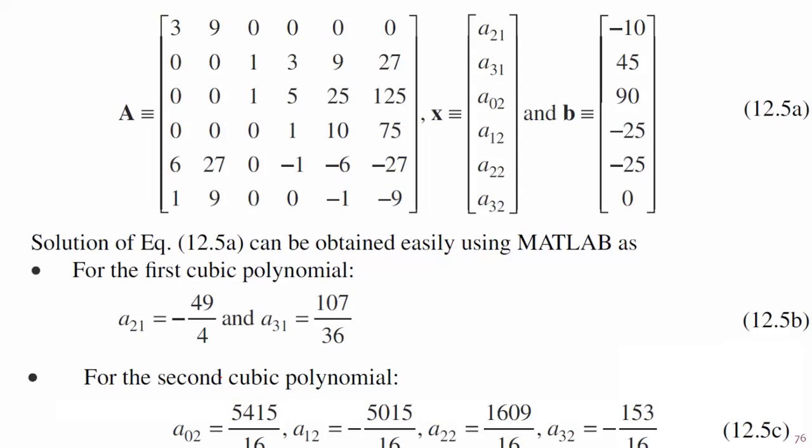Solution of equation 12.5a can be obtained easily using MATLAB, as for the first cubic polynomial a21 is equal to minus 49 divided by 4 and a31 is equal to 107 divided by 36.